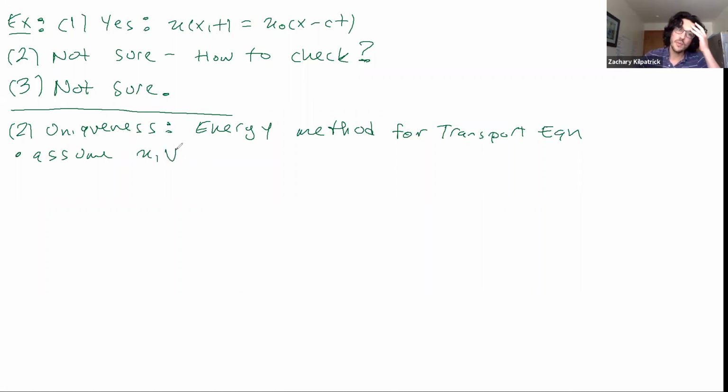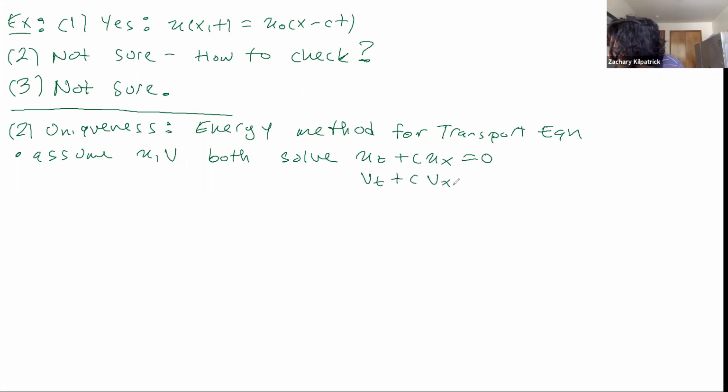How do you show that a solution is unique? Well, the energy method says, let's assume that we have two solutions, u and v, and they both solve u sub t plus c ux equals 0.